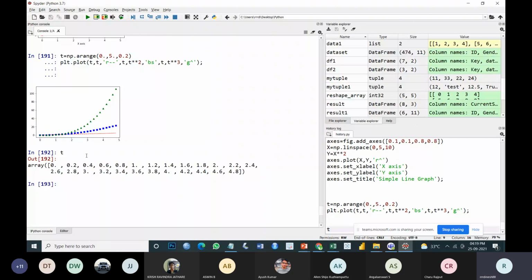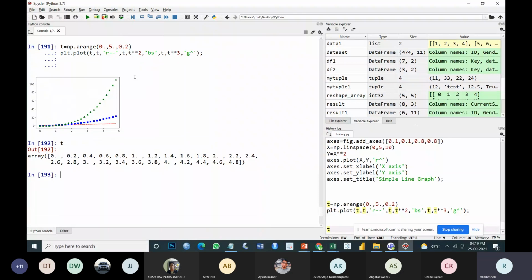Arange means it prints the sequence of values with the interval we define. Previously, based on the number of values, it automatically divided. Here we define the interval as 0.2.